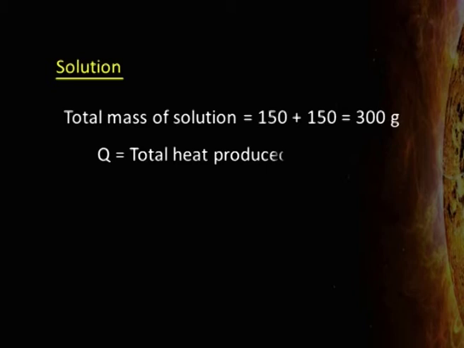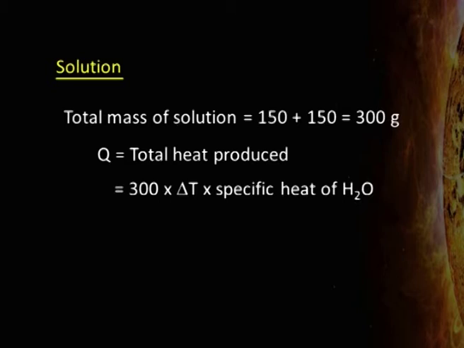Q is equal to the total heat produced. So, Q will be equal to 300 multiplied by delta T multiplied by the specific heat of water, which is equal to 1 calorie. Therefore, Q will be equal to 300 multiplied by 3.42, equal to 1026 calories.